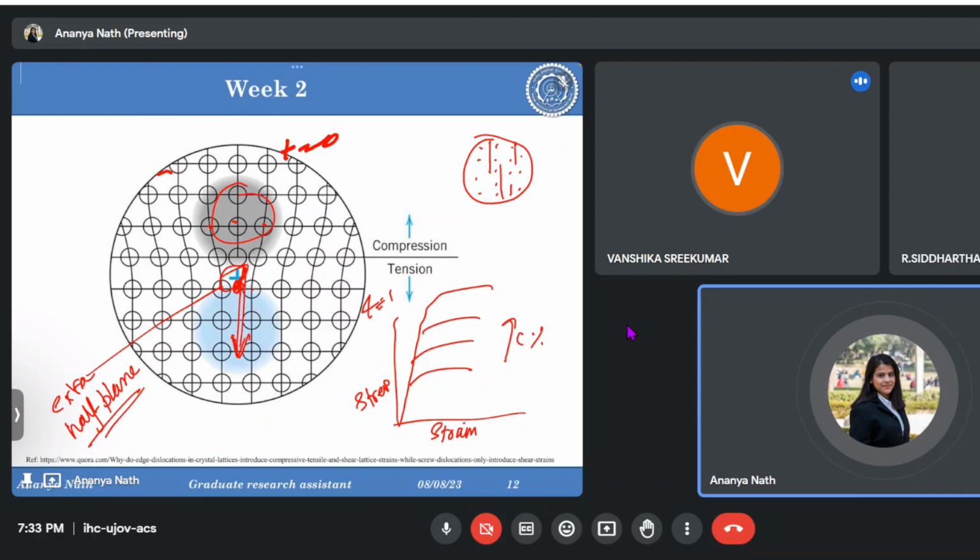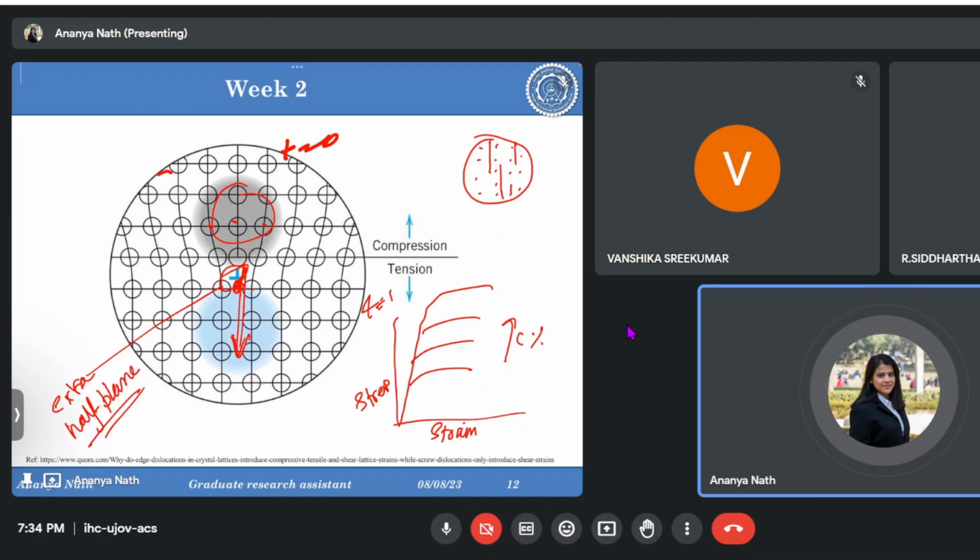Here also the same concept, na? The dislocation is moving, the solute atoms are following them, but after some time the solute atoms and the dislocations are arranged in such a way that the stress has been reduced for a certain time interval.